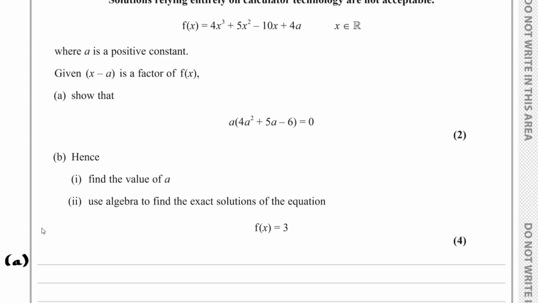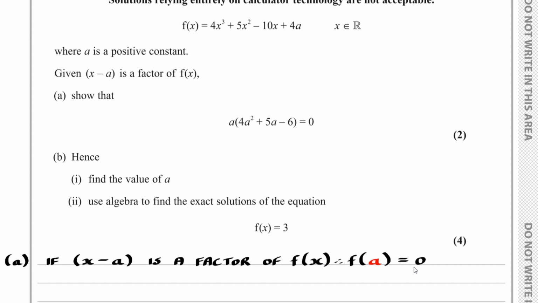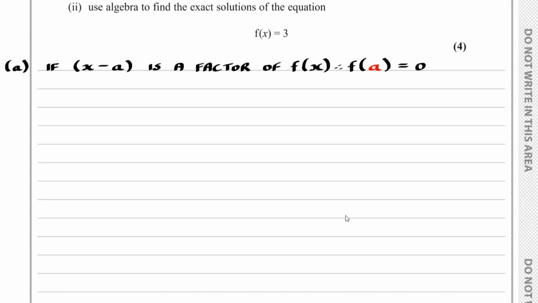So for part a, if x subtract a is a factor of f of x, that means f of a is equal to 0. So what we are required to do is replace the x with a and then set that expression equal to 0. So we have 4a cubed plus 5a squared subtract 10a plus 4a equals 0, and negative 10a plus 4a gives 6a.